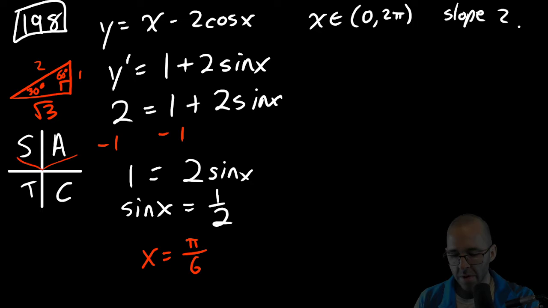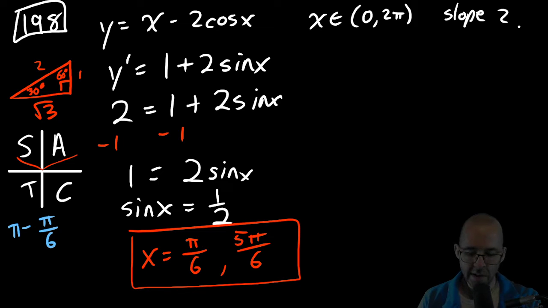And then we also want the 30-degree reference angle in the second quadrant. That's going to be going pi units and then going back pi over 6. So that's 6 pi over 6 minus 1 pi over 6, 5 pi over 6. Those are the 2 angles.